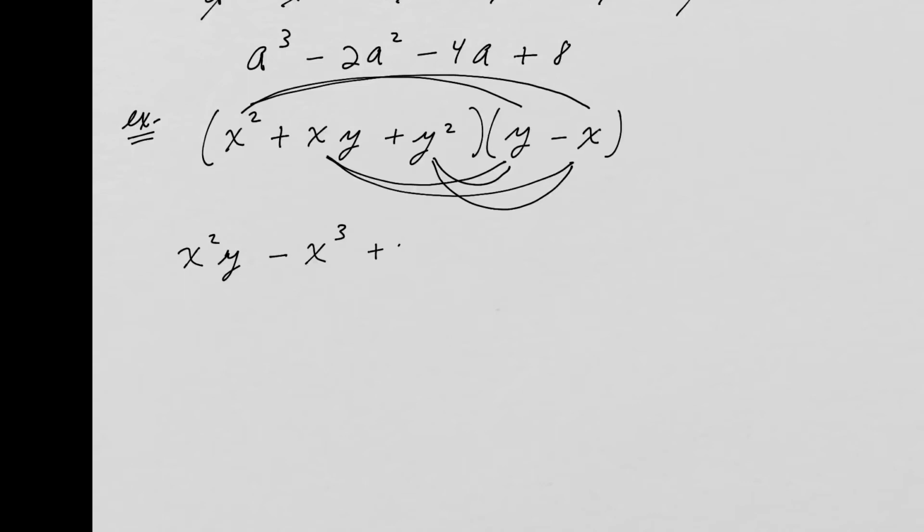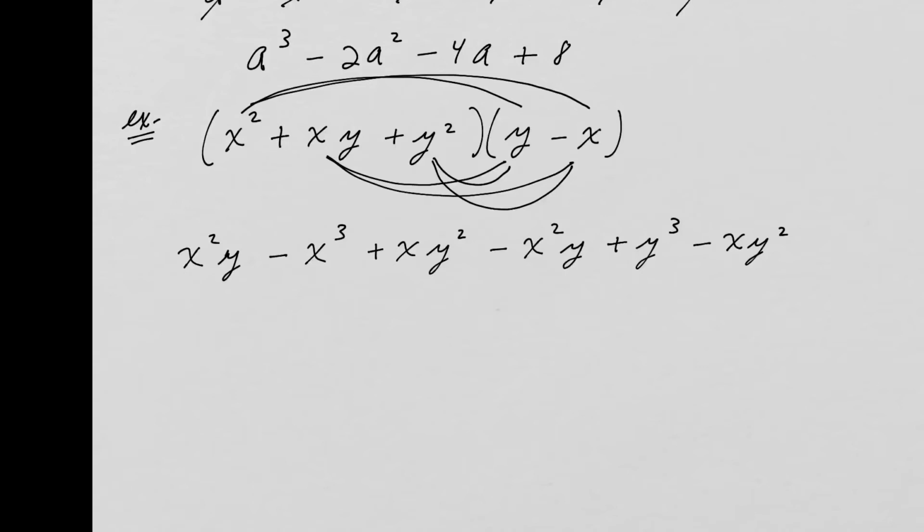Well, that's going to be x, and then y times y is y squared, right? Xy times negative x is negative, x times x is x squared, and I still have a y here. Then I have y squared times y, that's y cubed. And then finally, y squared times negative x, I'll write it as negative xy squared.